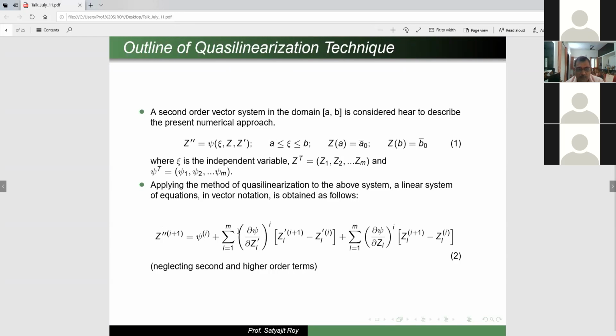We are talking about ODE here. Now this looks a little complicated, so I'll explain with a simple one. The main idea is this: Z is a vector, so you have a set of second order coupled equations.